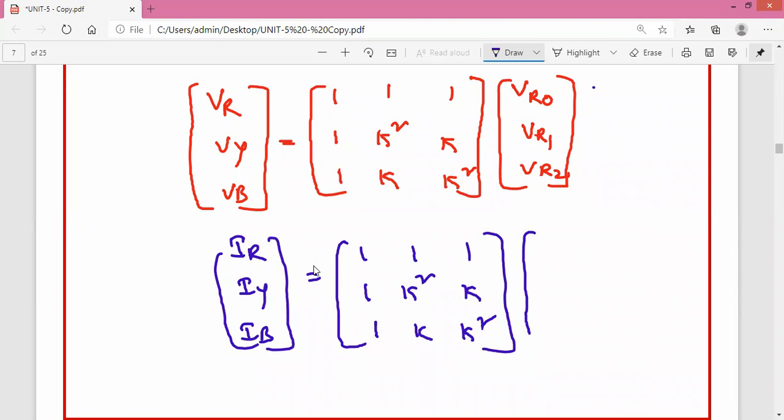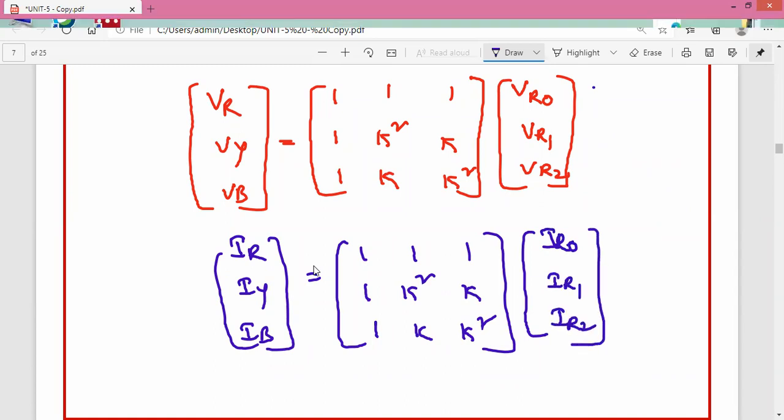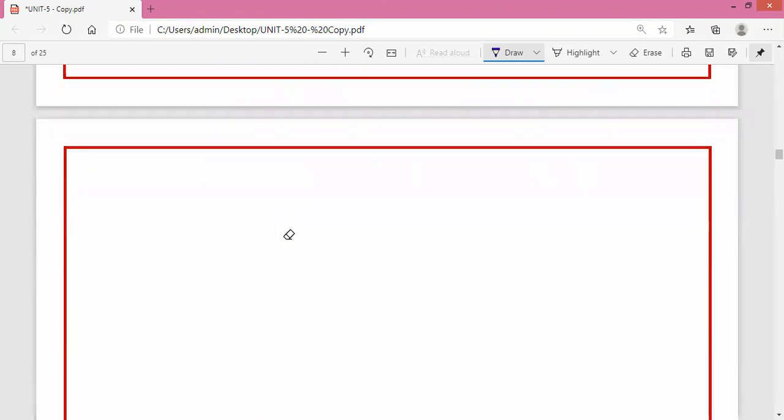So if one value is there, you can calculate the remaining parameters. So this is a way to represent sequence components. Similarly, you can write for ZR, ZY, ZB also by using the same matrices.